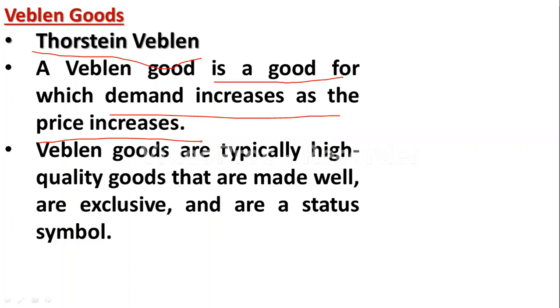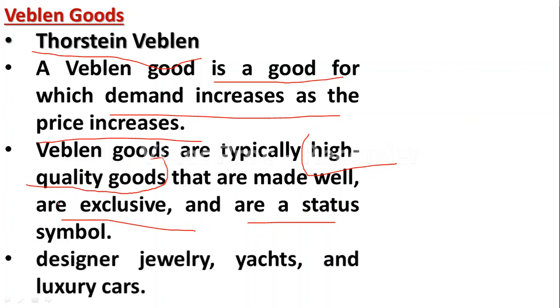And these goods are also known as high quality goods. So please remember, Veblen goods are related to high quality goods that are made well, are exclusive, and have a good status symbol. Such goods are known as Veblen goods, such as jewelries and luxurious cars.